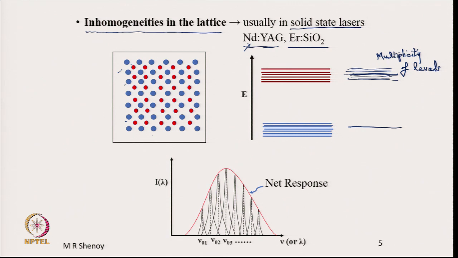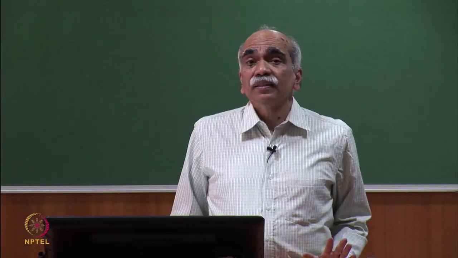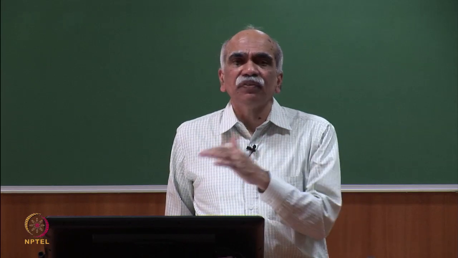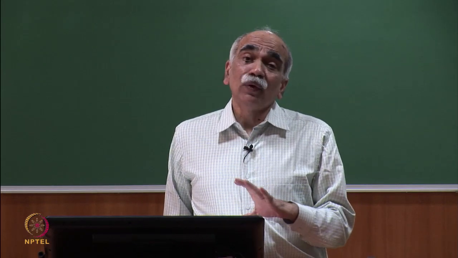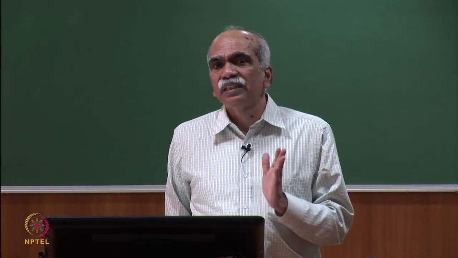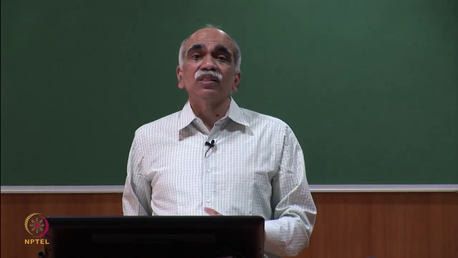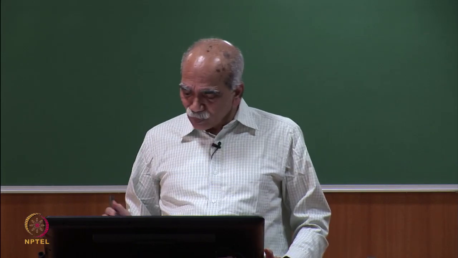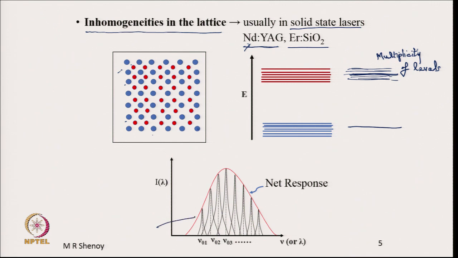Local inhomogeneities cause this. If the density fluctuations take place, then the corresponding energy levels are different at different locations, and therefore, they respond to different frequencies. The atomic resonances are different at different locations within the same atomic system, and therefore, they respond to a range of frequencies, again as illustrated here.